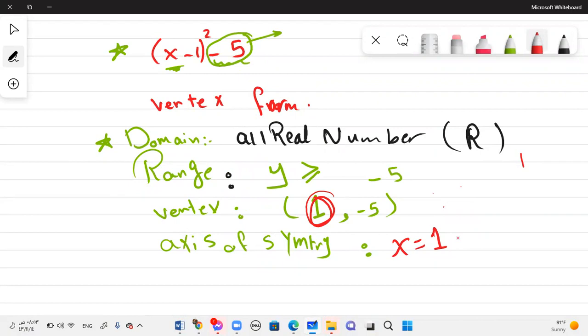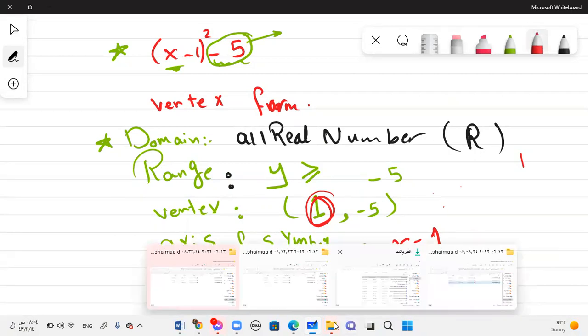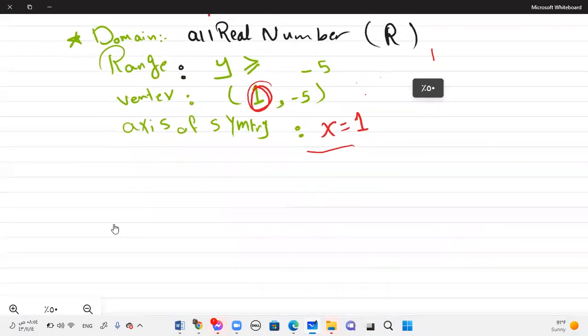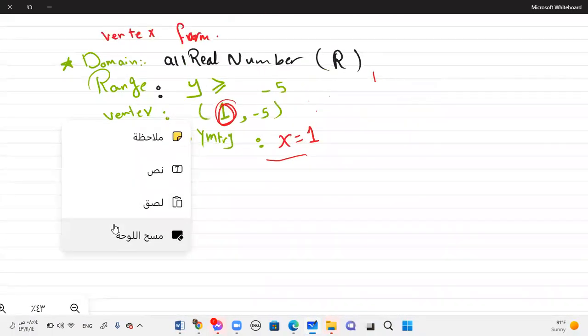If we try to draw this graph, make a table. You can make a table and do substitution to draw the graph. I will give you in the exam the numbers we should substitute.